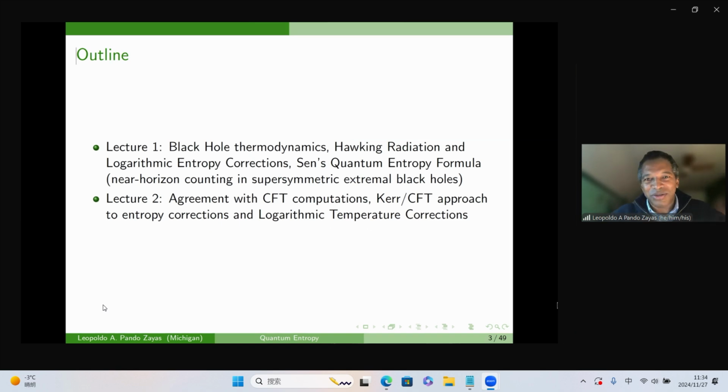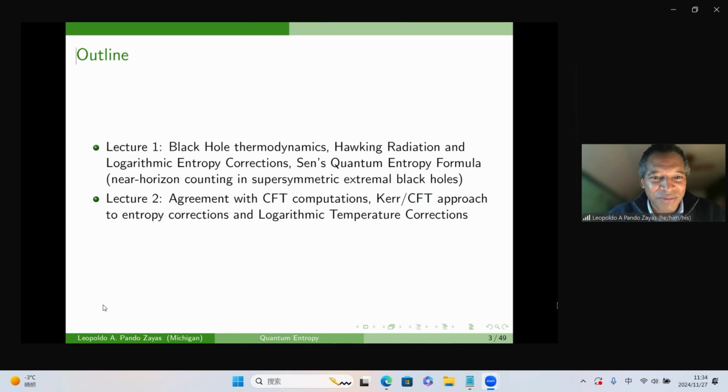So it's essentially geometry. Of course, I want to tell you about my actual computation, the more modern discussion, which is logarithmic entropy corrections. If I have time, I will today also discuss some puzzles that arise using the quantum entropy formalism, which is a formalism developed to understand quantum corrections of the entropy of black holes.